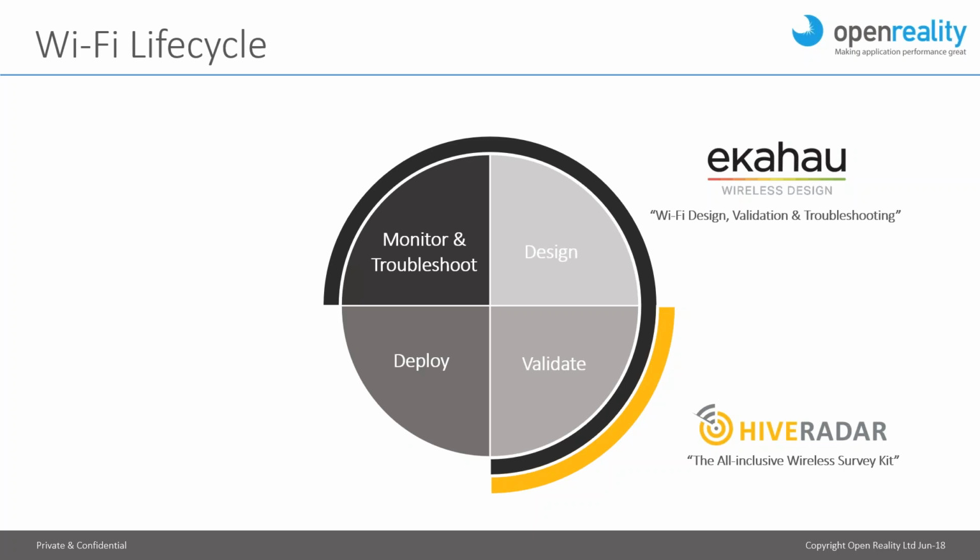That's essentially what Hive Radar is, but squished down into a very sleek and attractive single appliance. An all-in-one unit that allows you to perform your AP on a stick surveys and validation surveys prior to drilling holes in the ceilings and mounting your access points. So you really make sure you've hit the nail on the head in terms of your network coverage and requirements.